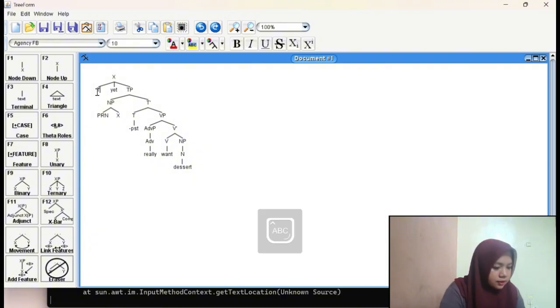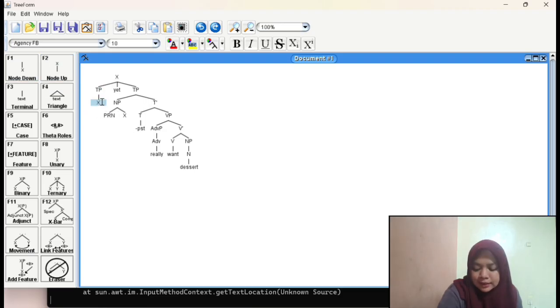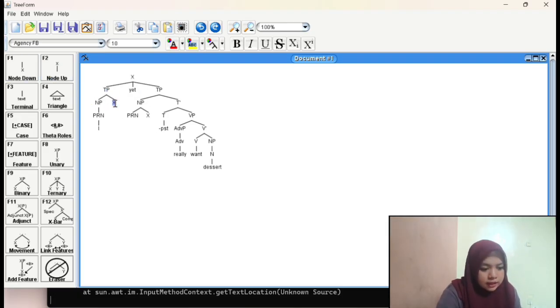So we start from the front. Okay, so "I" is a noun phrase and it is a pronoun. This tense, we know that the T-bar or the tense is written in here.